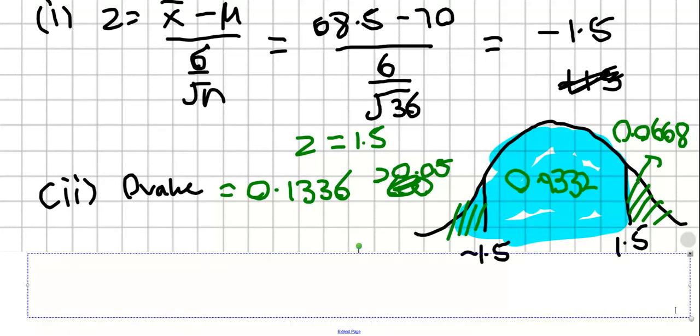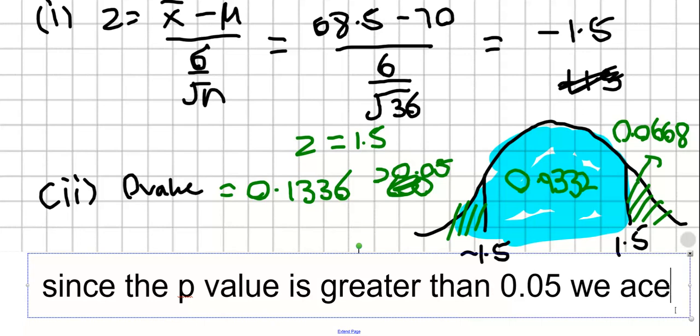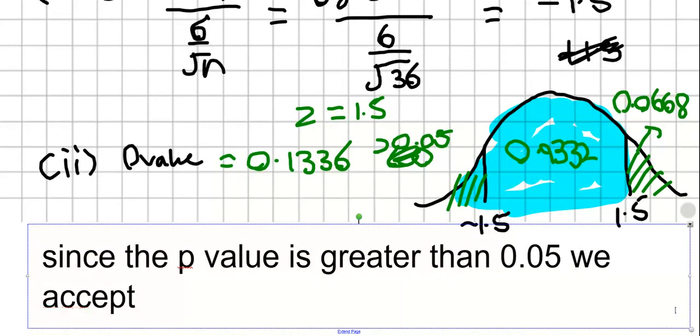What we're going to say is, since the p-value is greater than 0.05, we accept H0. So if there was a hypothesis, we accept that nothing has changed. Would you agree with that? So we accept H0, not that we've written H0 formally.